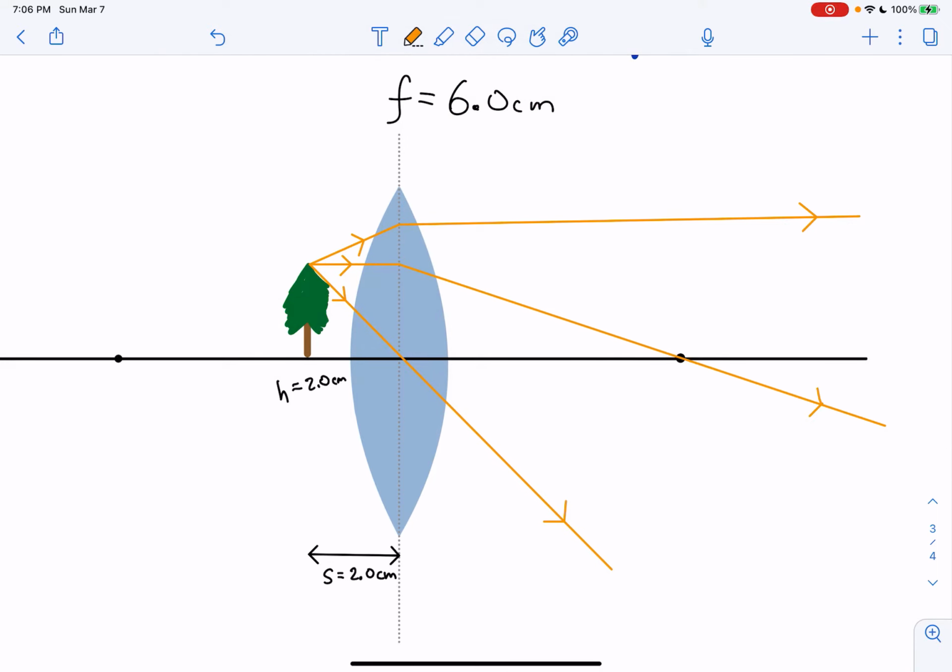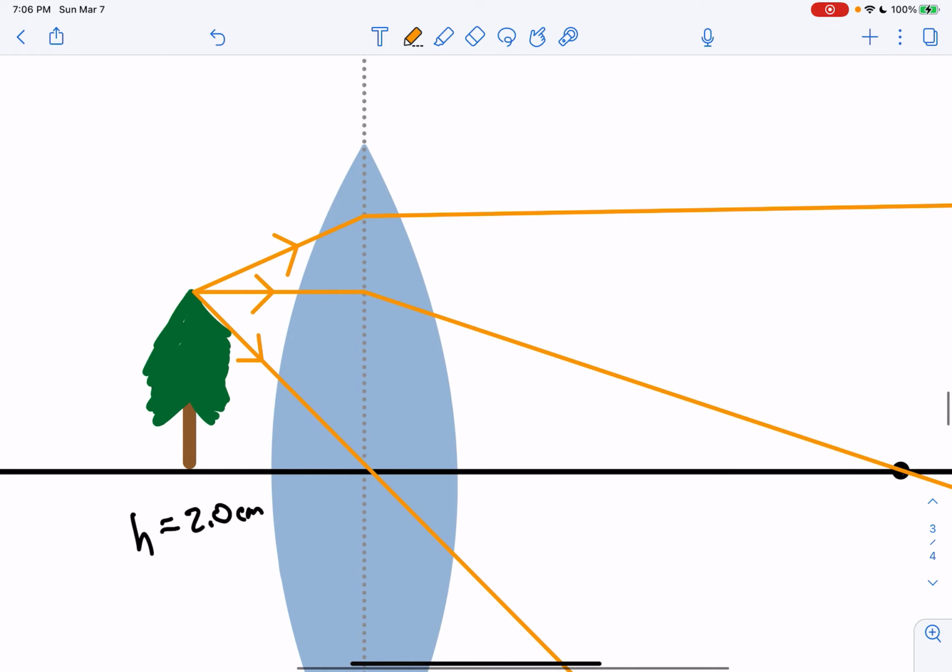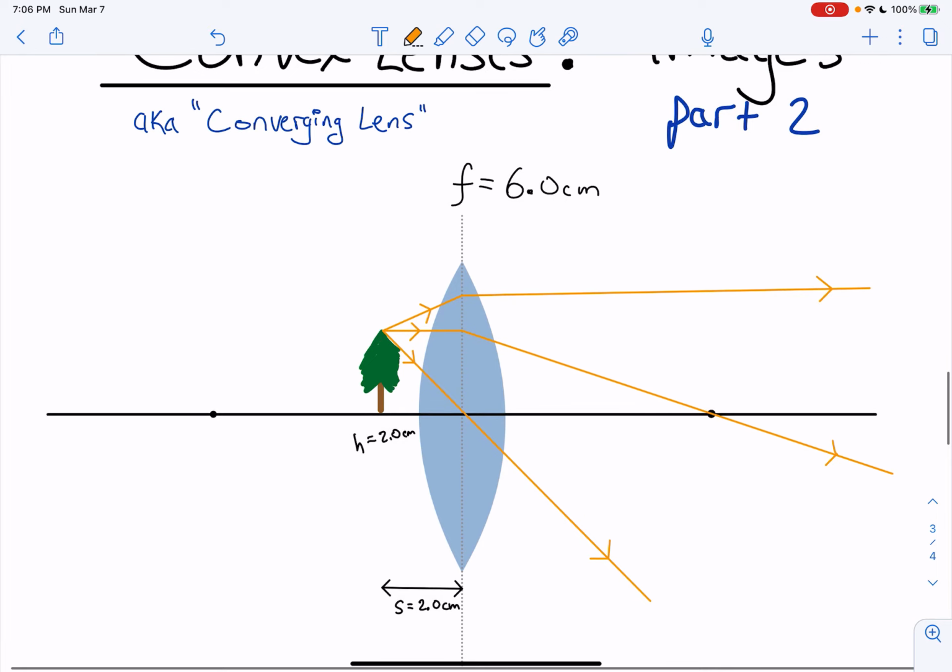And so let's start with that latest ray since it'll be relatively straightforward. We're going to go from that point here and go straight back. So it'll be parallel to the optical axis. And then let's go to the next one.